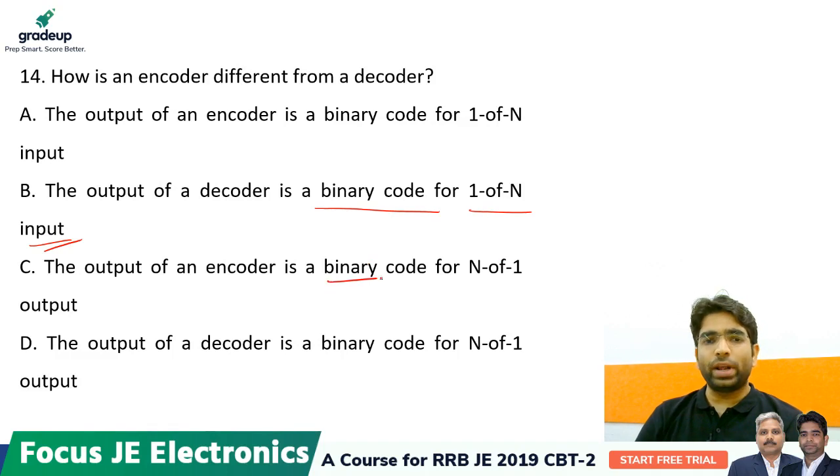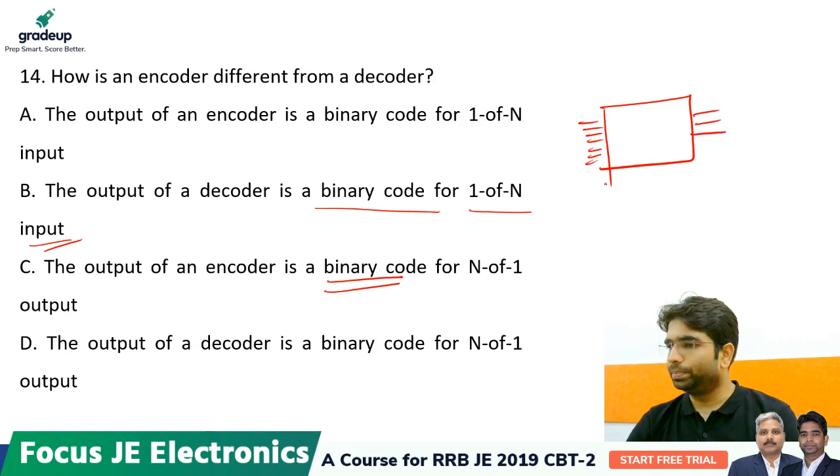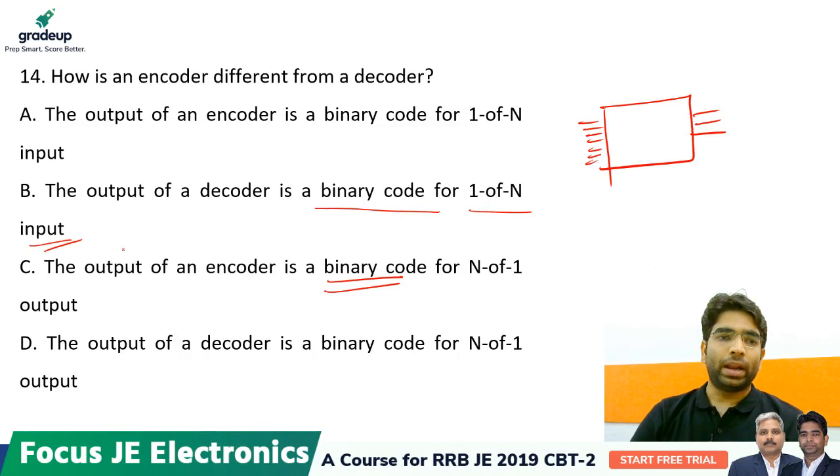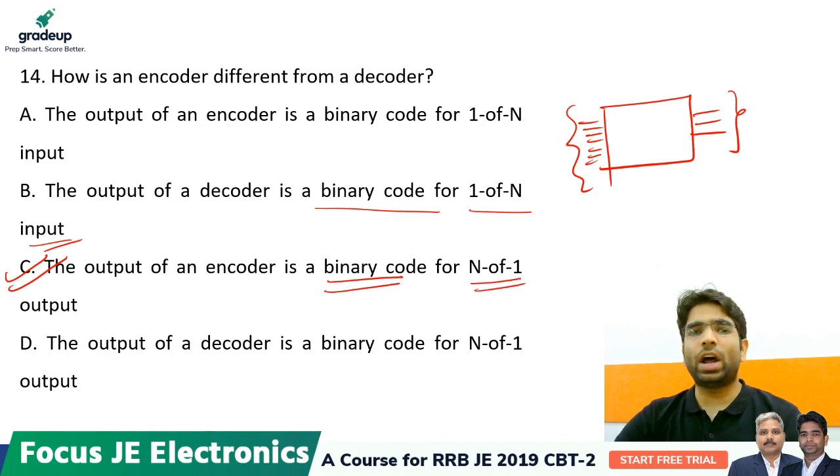Output of an encoder is actually a binary code, because in an encoder various pulses are applied and you get a binary output code. So never confuse between encoder and decoder. Encoder has this many binary inputs, and the output is a binary code. It is encoded in the form of binary code.